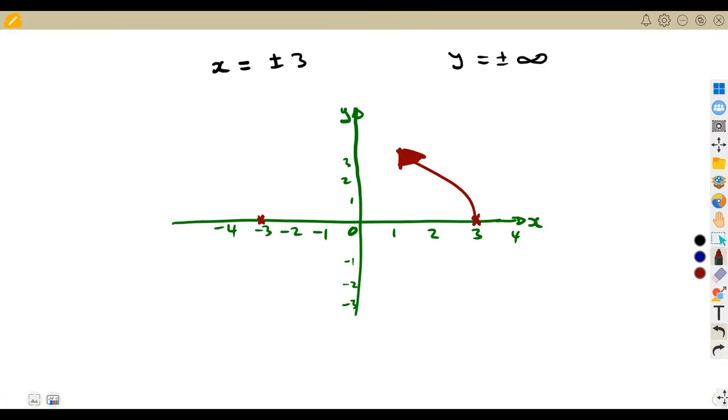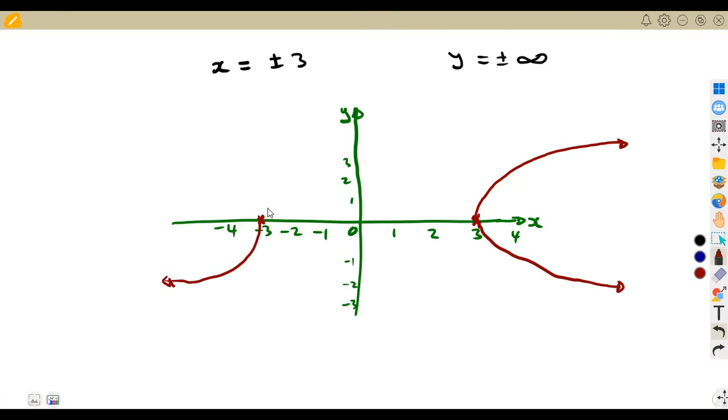There are infinity values. So we are going to have our curve like this, going this way and also this way, and from -3, going this direction and also this direction.